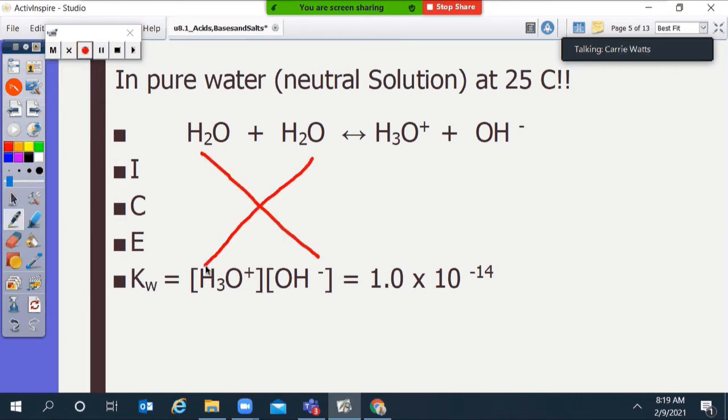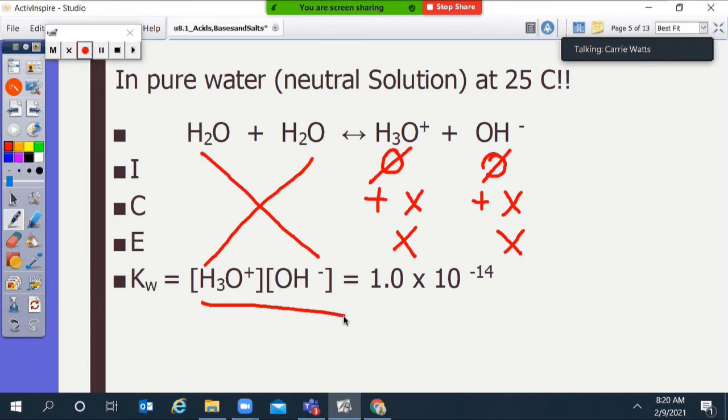And of course my initial concentrations of my products will be 0. My change, since it's a 1-to-1 ratio, will be plus x, just like we did in our last unit. And then our total, which is our initial plus our change, will be x.